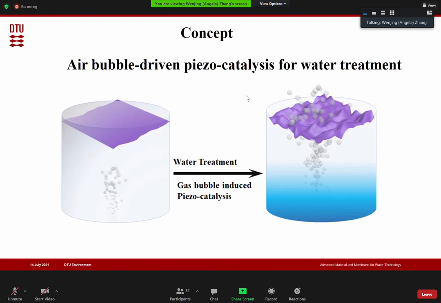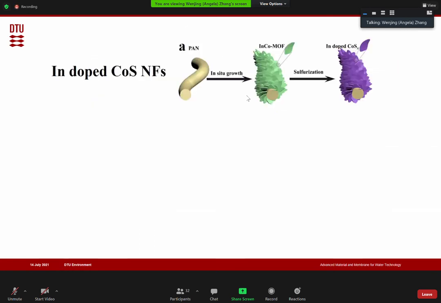At the same time, we can supply the air bubbles, and these air bubbles will reach the top and burst. Such mechanical energy released from this process can trigger these piezo catalyst materials and produce radicals for the degradation of contaminants. So this is the idea, and then we start our synthesis.